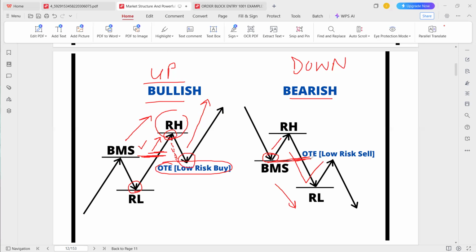Once you get a retracement, of course, you want to line up your fib from point A to point B. Then once price retraces back into your optimum trade entry area, which is anywhere from the 50% fib retracement to the 62%, you can execute your sell. Then you can just aim for this area as a TP, depending on your risk to reward as well, which is something you also just have to learn.